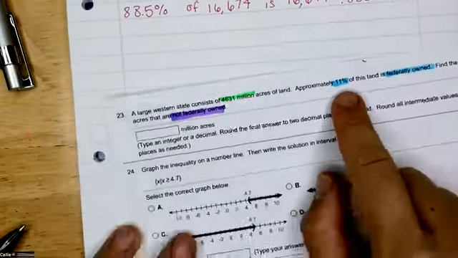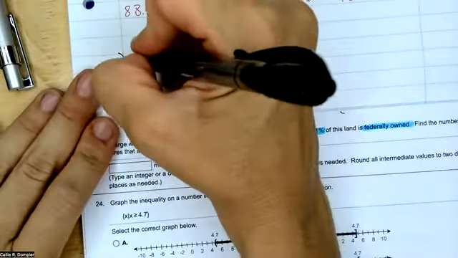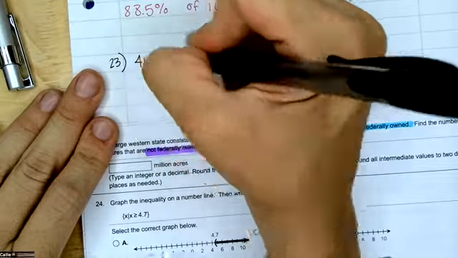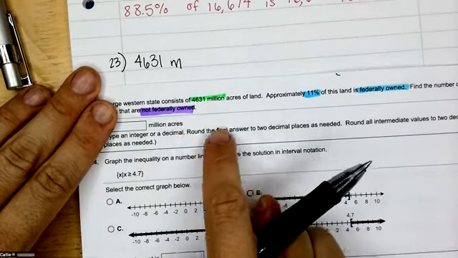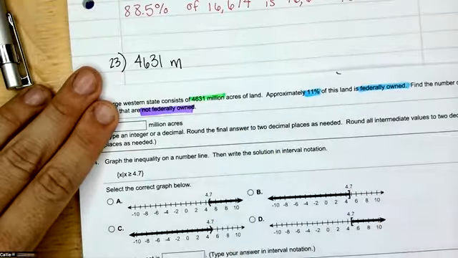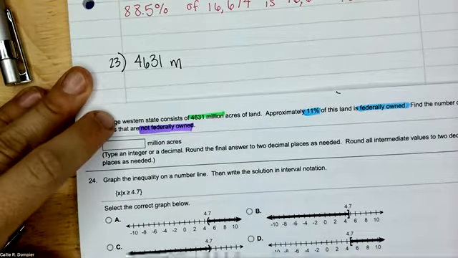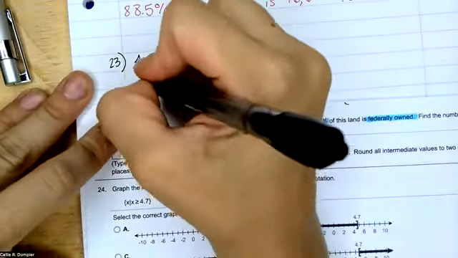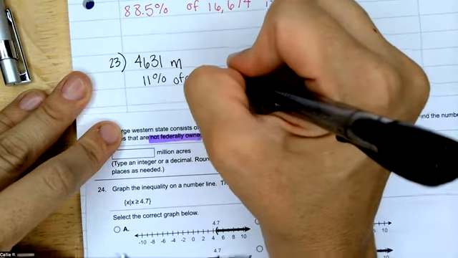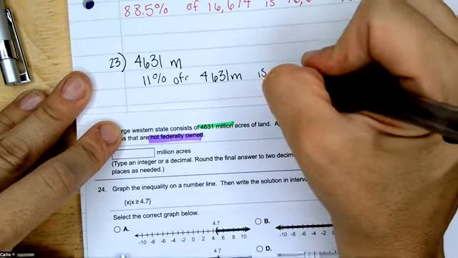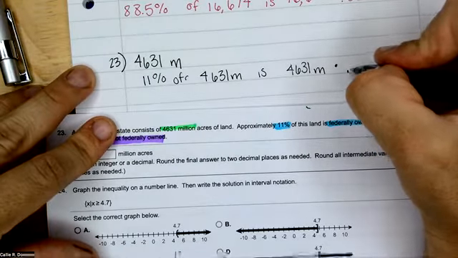Just like we did 22, we have 4,631 M. Don't leave off the M because the multiple choice questions might give your answer with the word million and then the same answer without it, and you need to know whether to include it. So 4,631 million acres of land. 11% is federally owned. 11% of 4,631 million is 4,631 million times 0.11.